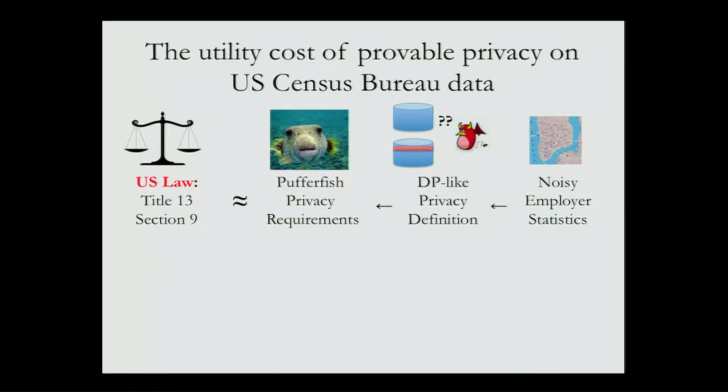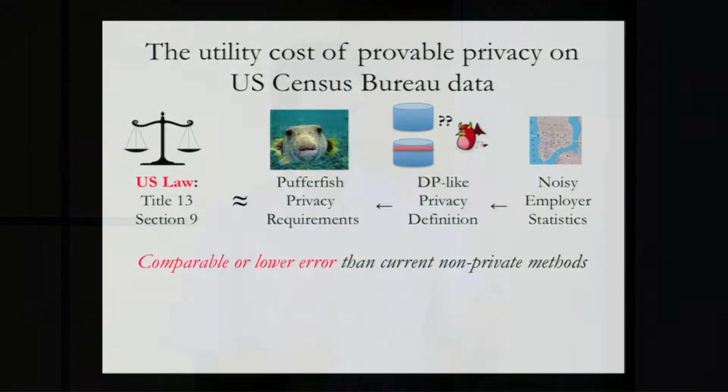OK? And the nice side effect, since we were just doing this exercise to understand what it takes to do this, was that for a significant number of the analyses they're interested in, we had comparable or lower error than the current non-private methods. Okay, this is joint work with my student and some folks at the US Census Bureau.